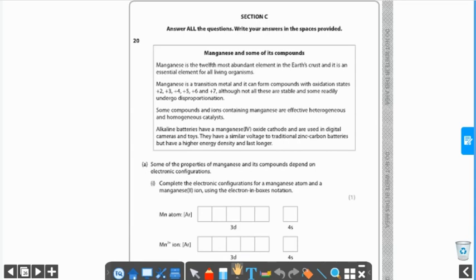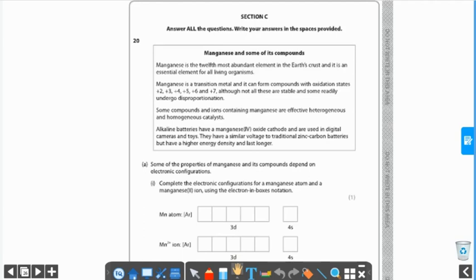Some compounds and ions containing manganese are effective heterogeneous and homogeneous catalysts. Alkaline batteries have a manganese oxide cathode and are used in digital cameras and toys. They have a similar voltage to traditional zinc carbon batteries, but have a higher energy density and last longer.